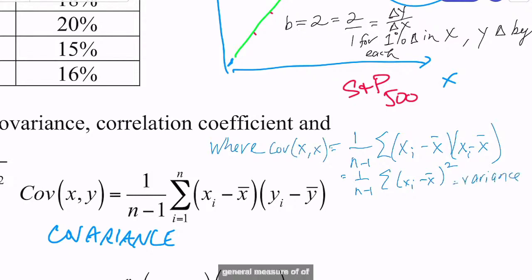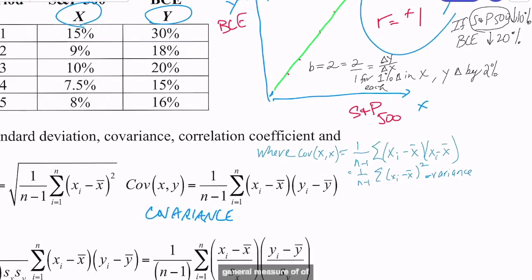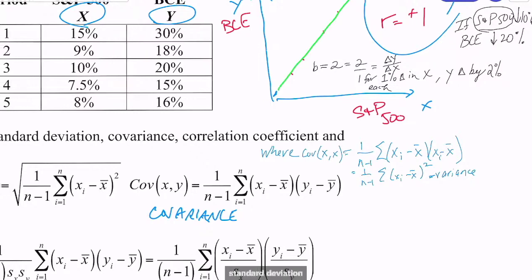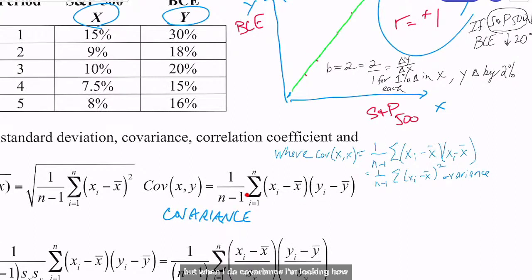So it's a more general measure of tendency. Here I'm seeing the relationship of x with itself, and it's capturing how spread out the data are for the variance, and then I take the square root to get the standard deviation. But when I do covariance, I'm looking at how the variables covary, how they correlate, but I'm doing it with their actual unit values.